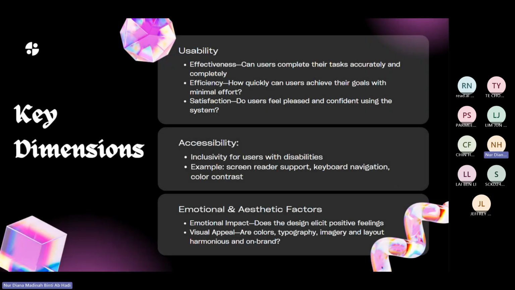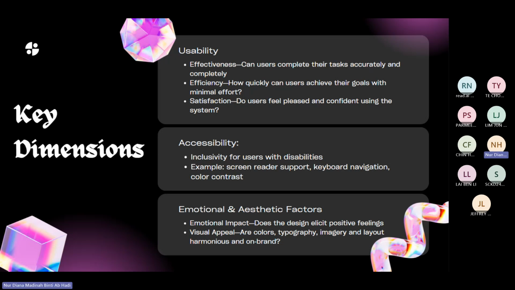Okay, so next, these are a few features that you need to cover. As I mentioned just now, usability. When we talk about usability, it must cover the three: effectiveness, efficiency, and satisfaction.